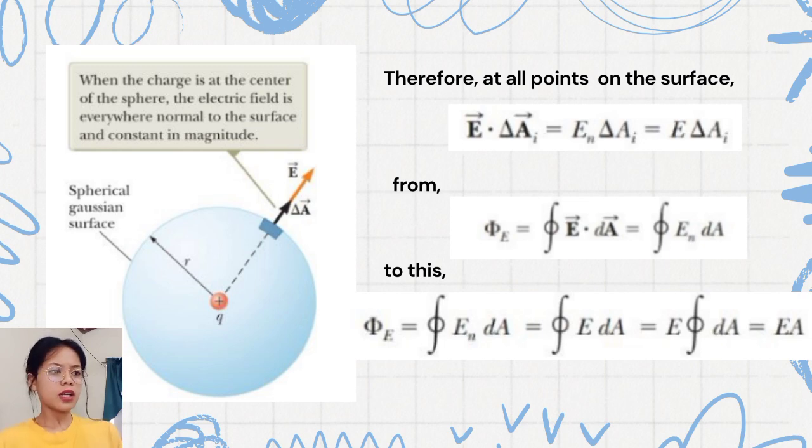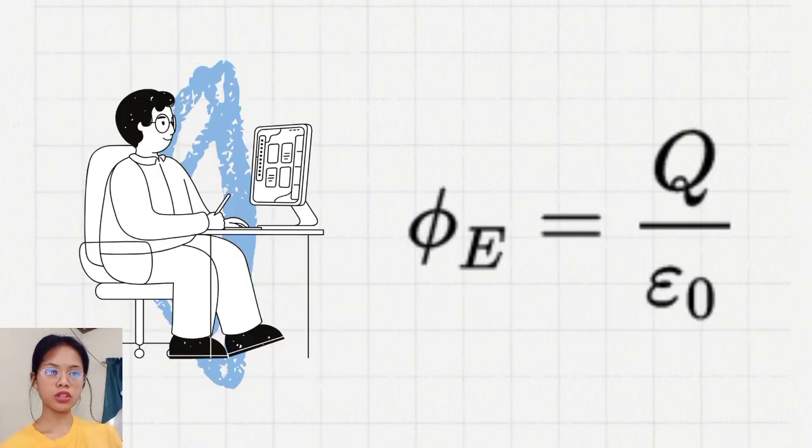Recalling that k is 1 over 4 pi epsilon naught, we can now write this expression in the form of the original formula of Gauss's law: the electric flux across any closed surface is proportional to the net electric charge Q enclosed by the surface, where epsilon naught is the electric permittivity of free space.